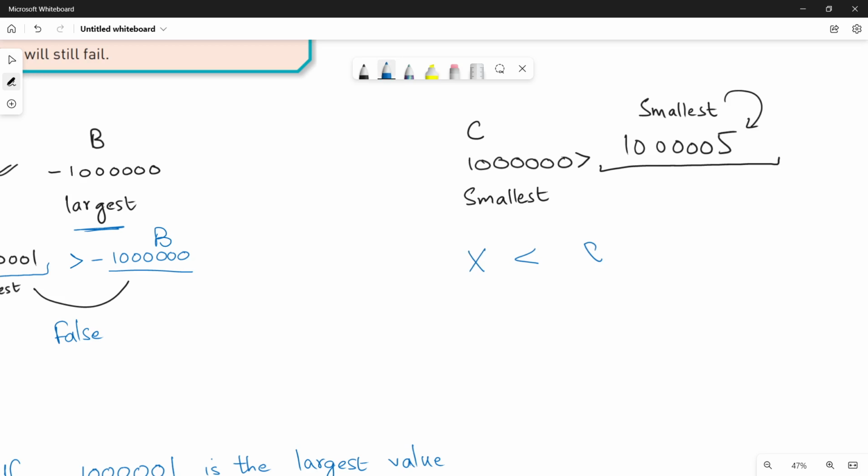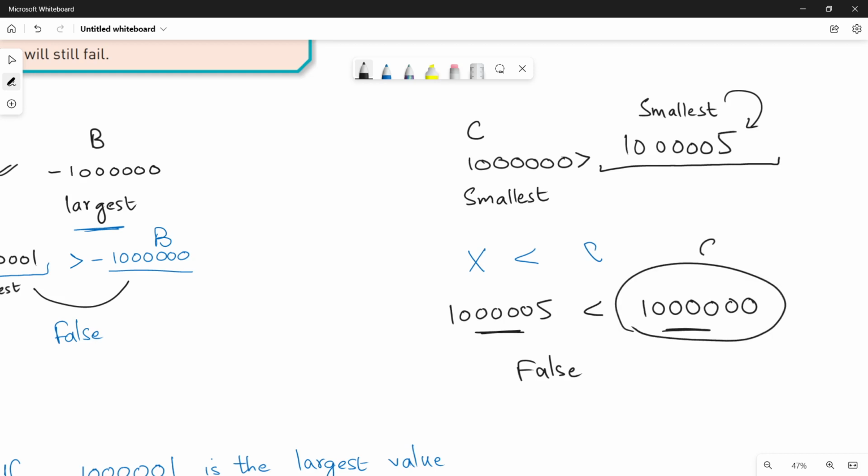And when your smallest test data value, 10000005, is checked under this condition, this condition will become false. Why? Because this smallest value is not smaller than the value initialized in variable c, so variable c will not be modified with this smallest value. I hope you are getting my point.